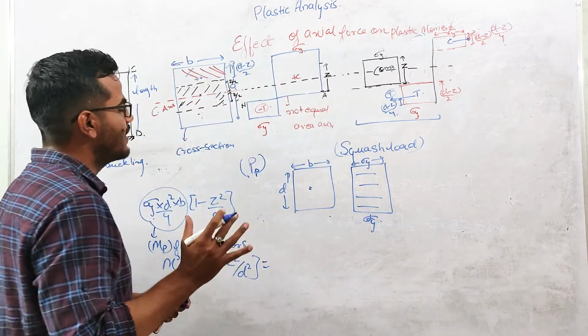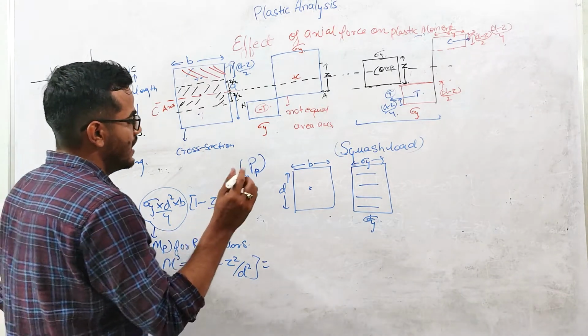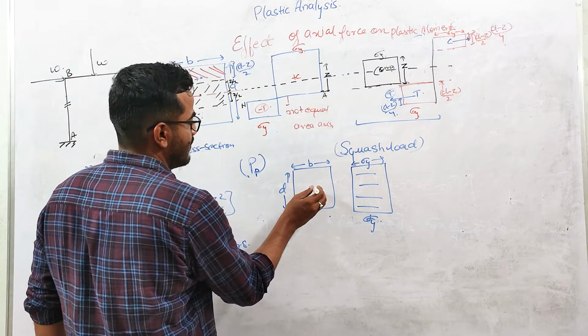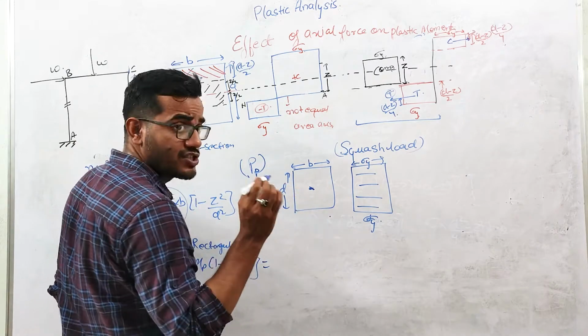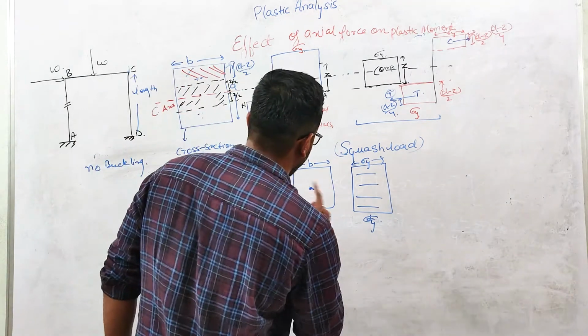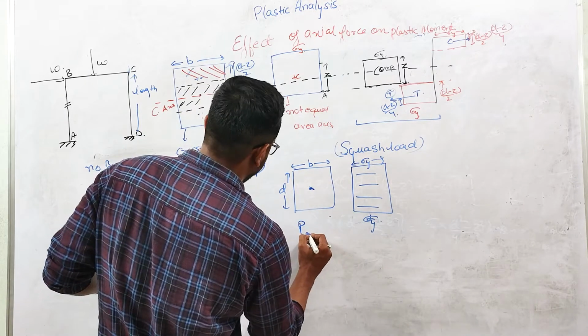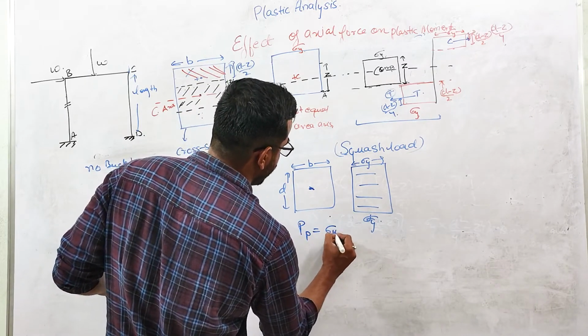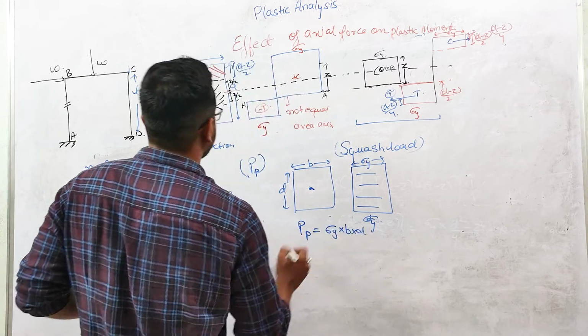If you are applying this load at the center of this cross section, and due to this axial load the whole cross section is yielded, that load is called the squash load, and the value PP will be equal to sigma y into B into D, right?